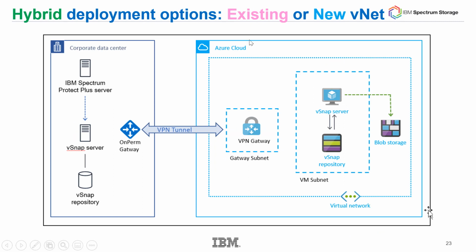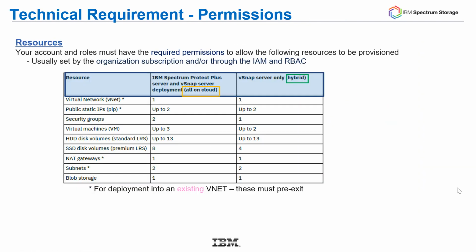In a hybrid environment, either new or existing VNet, you will need to set up a VPN tunnel between your on-premise Spectrum Protect Plus server and a VPN gateway that works in conjunction with your vSnap that's deployed into Azure. This slide covers the permissions that are required for the administrator who's doing the deployment inside of Azure.